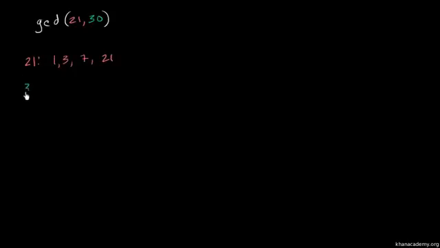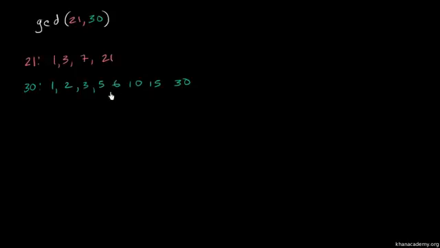And 30 can be written as 1 and 30, 2 and 15, and, let me write it this way to get a little more space, 1 and 30, 2 and 15, 3 and 10, and 5 and 6.